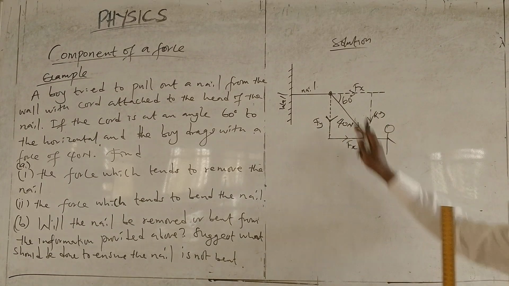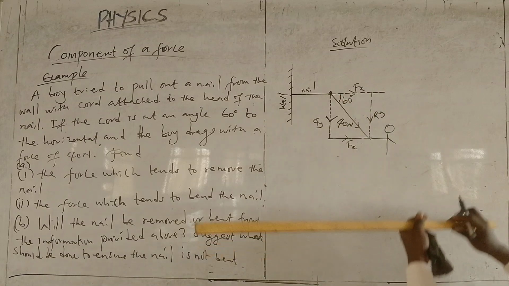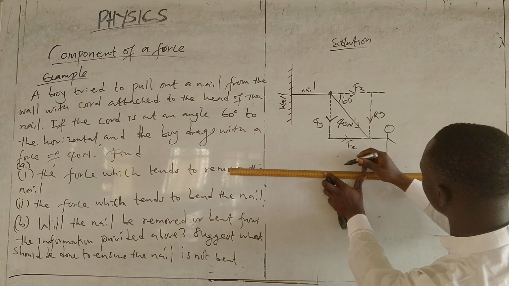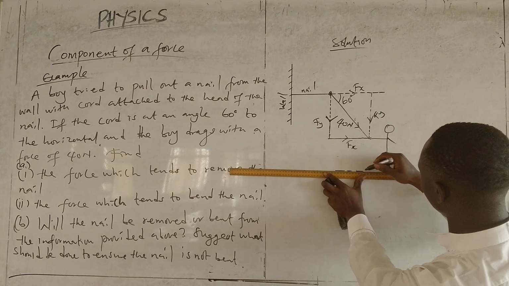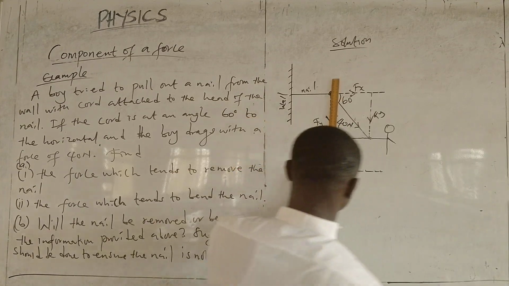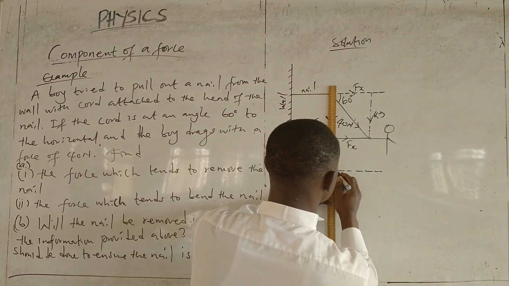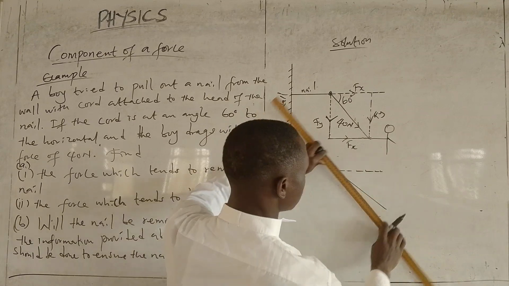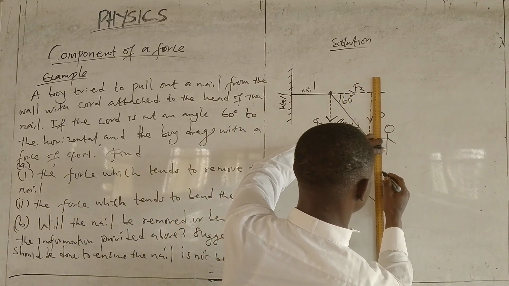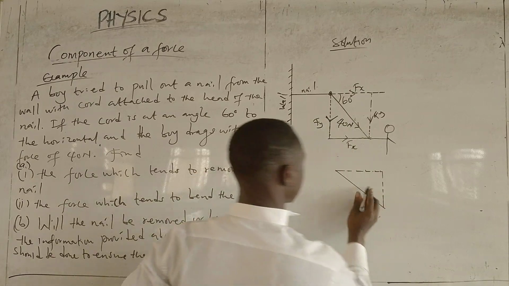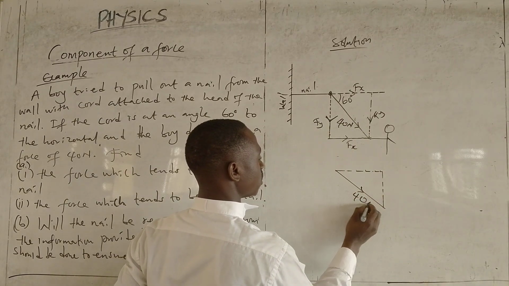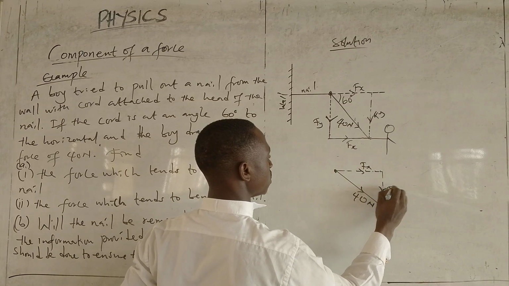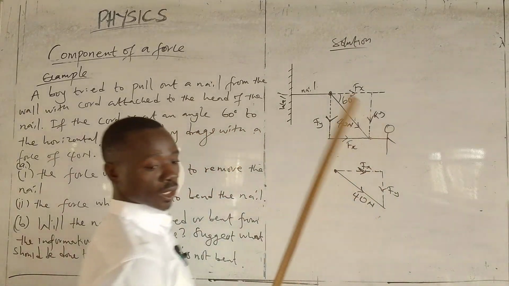Okay. In fact, if you look at the triangle formed, the force 40 Newton now looks like the resultant of Fx and Fy, just like what we did in the previous video. So this one looks like the resultant now: this 40, this Fx, and this Fy.